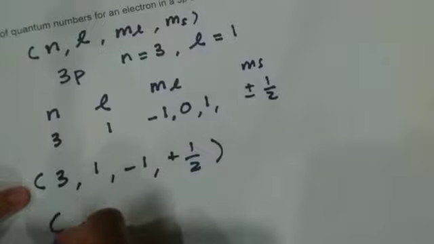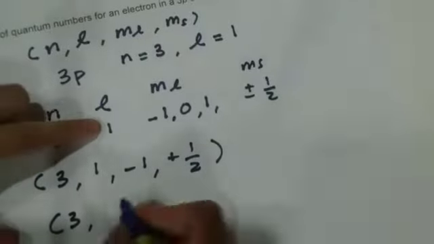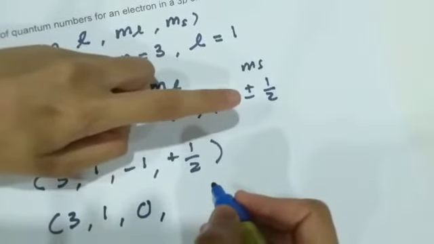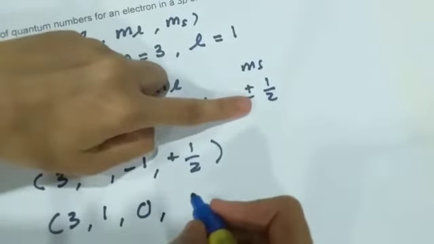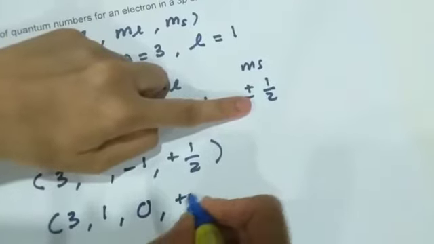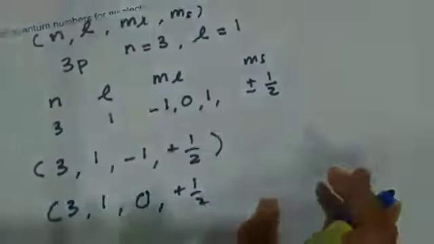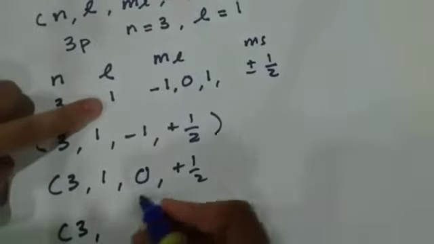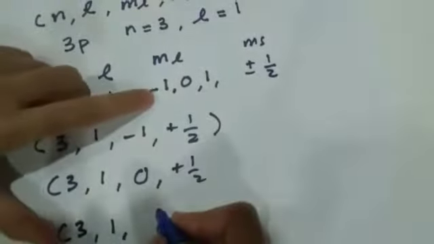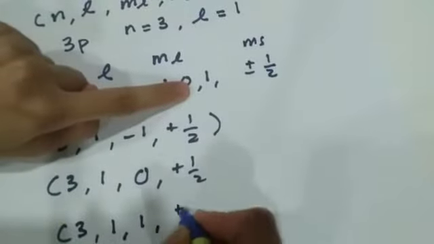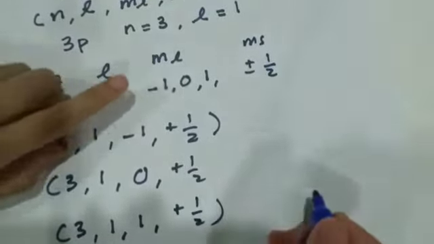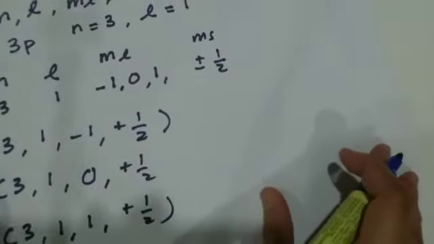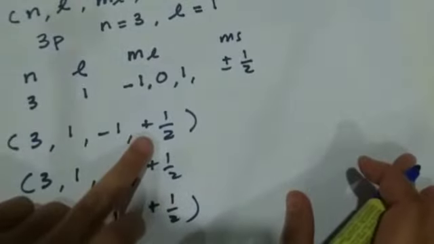For the second electron, we have n equal to 3, l is 1, ml is 0, and the electron spin is positive half. For the third, n is 3, l is 1, ml is 1, and it is positive half. This is only for the positive half side. For the negative half it is the same, the values are the same, only changing to negative half.